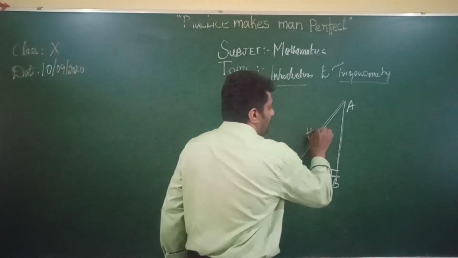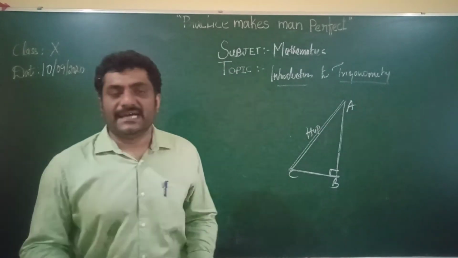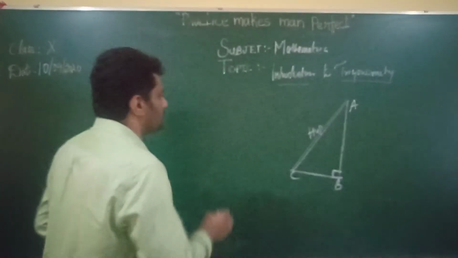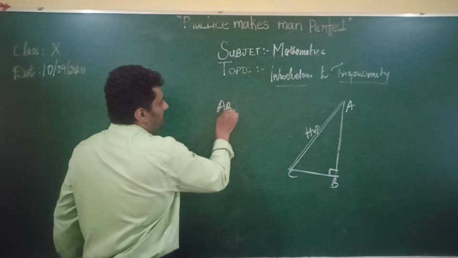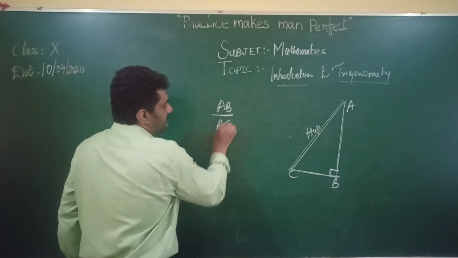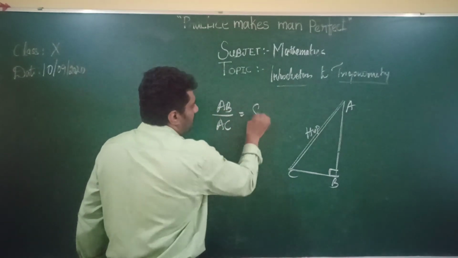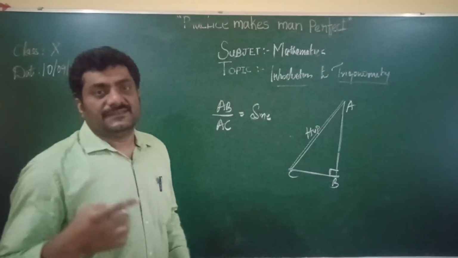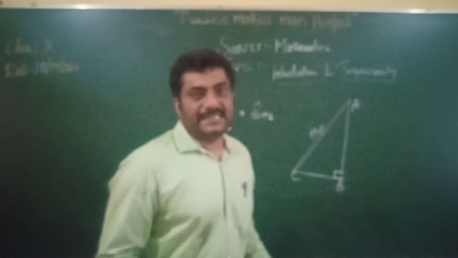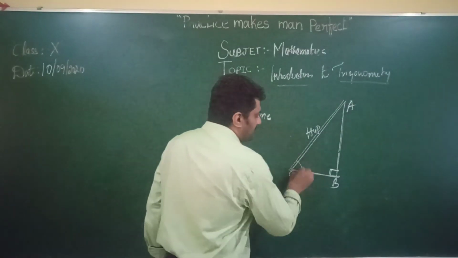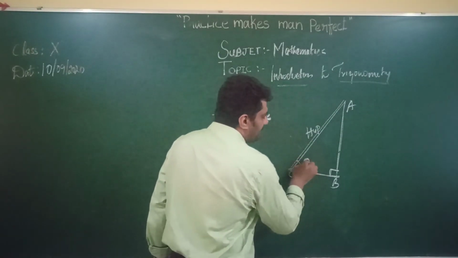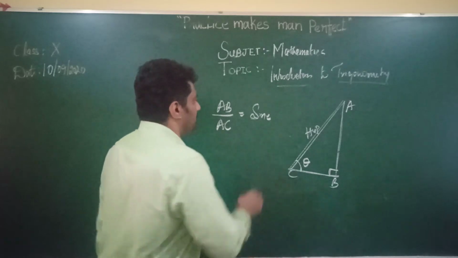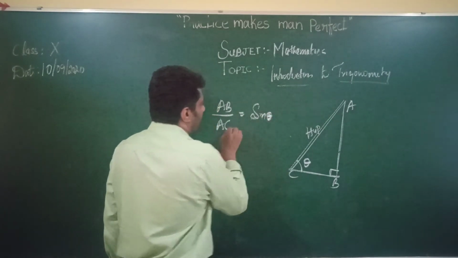This is the hypotenuse, AC. A side and the hypotenuse, which is AB by AC, is said to be sine. Sine theta, or sine of whichever angle we have. For example, I don't know this angle, so I will take it as theta.